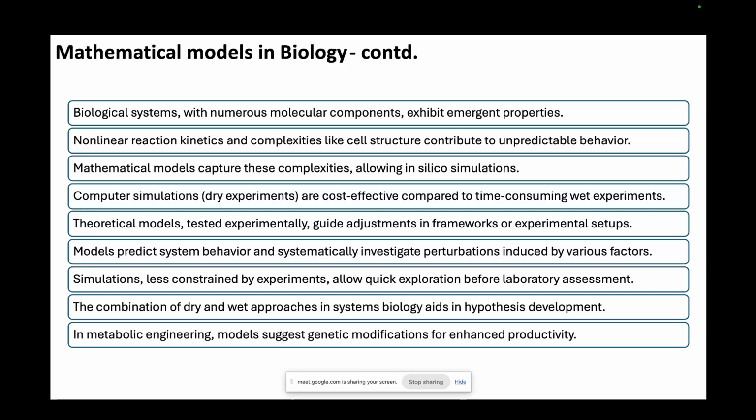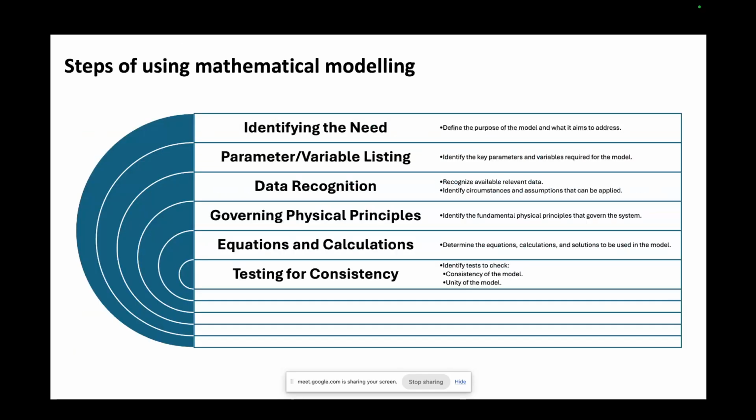There you can use mathematical models to see what modifications can bring about the maximum production of insulin from the particular microbe. So questions like these can be answered using mathematical models, which in turn can be proved using wet lab experiments.